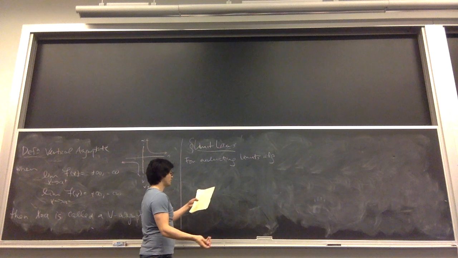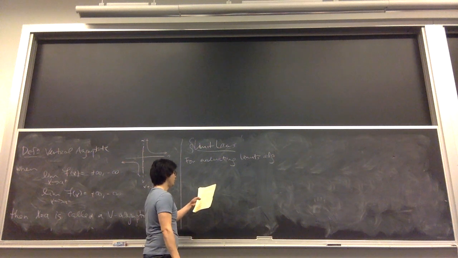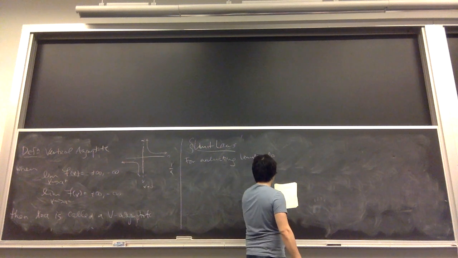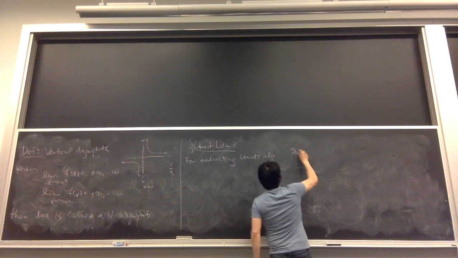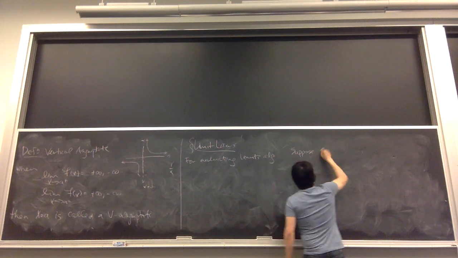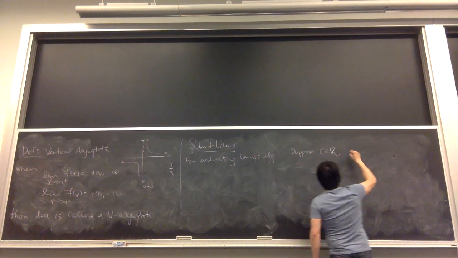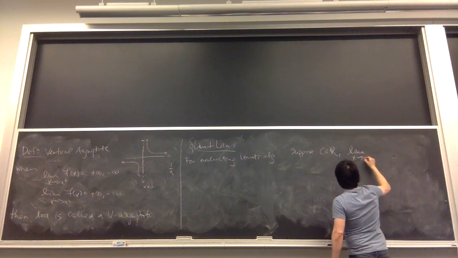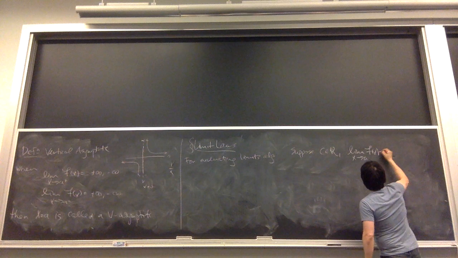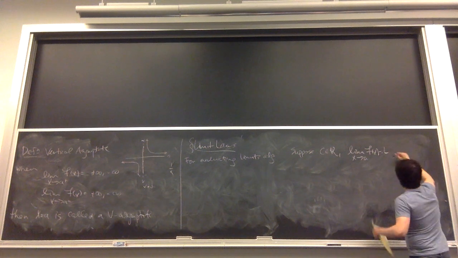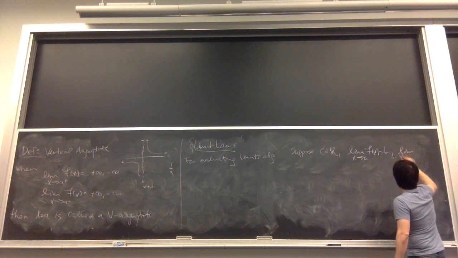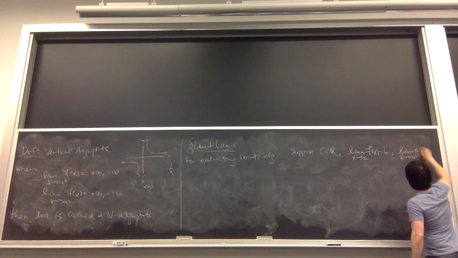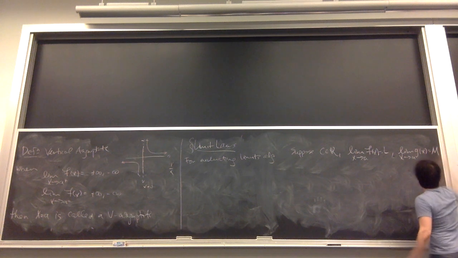I'm just going to write you a bunch of rules that you're allowed to use with limits. It's going to make things a lot faster if I can say this. So suppose c is a real number. The limit as x goes to a of f of x exists and is equal to L. Let's say the limit as x goes to a of g of x exists and is equal to m.